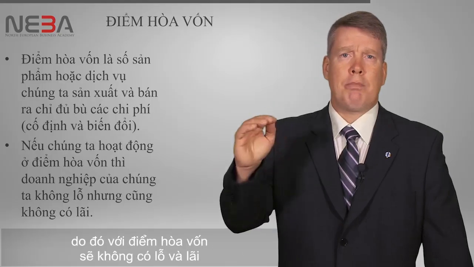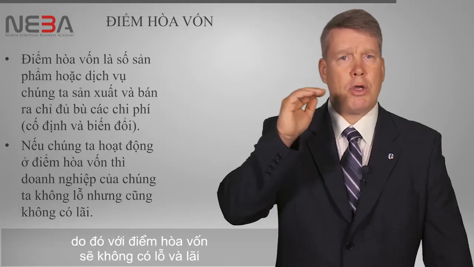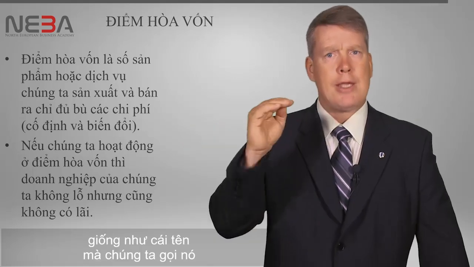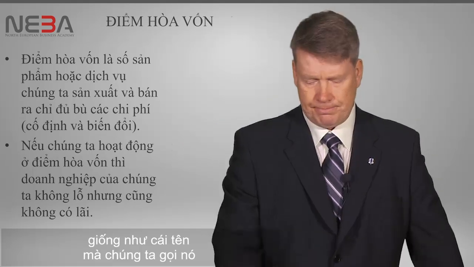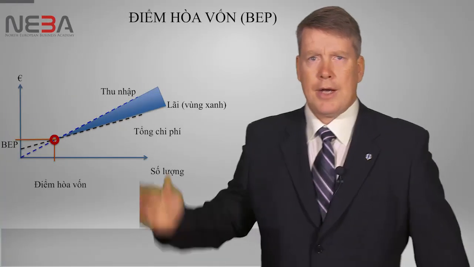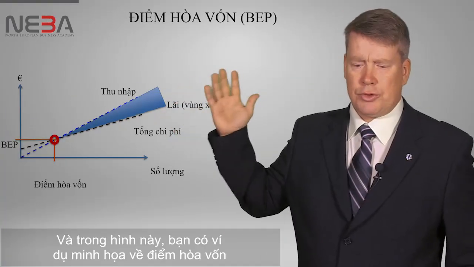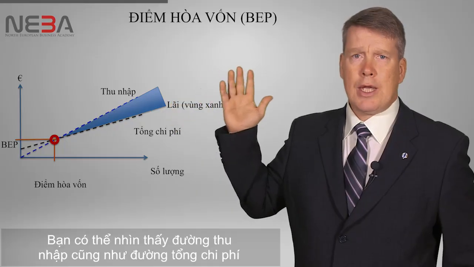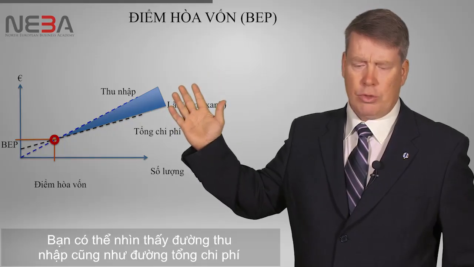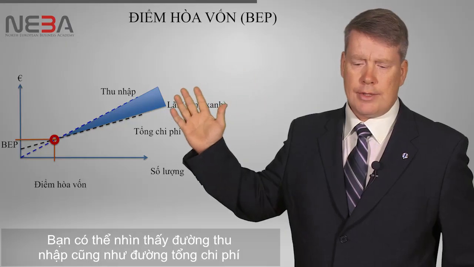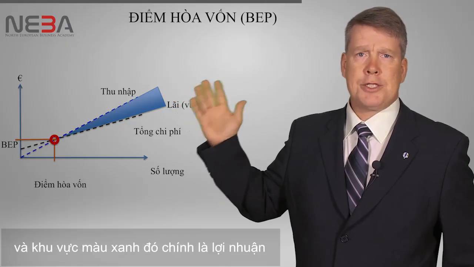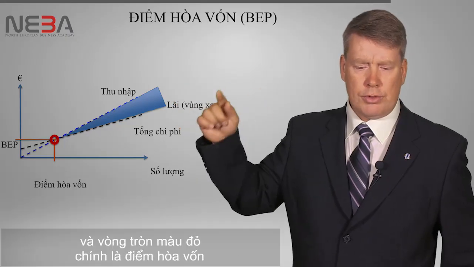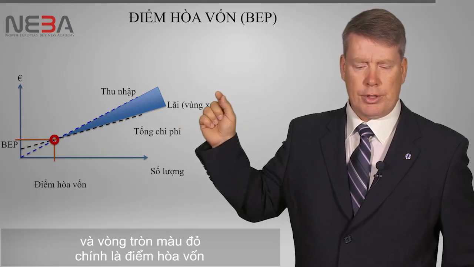So at the break-even point, there is no loss or profit. It is break-even, like the name says. And in this picture, you have an illustration of the break-even point. You can see the income line, you can see the total cost line, the blue area is the profit area, and in the red circle, you can see the break-even point.